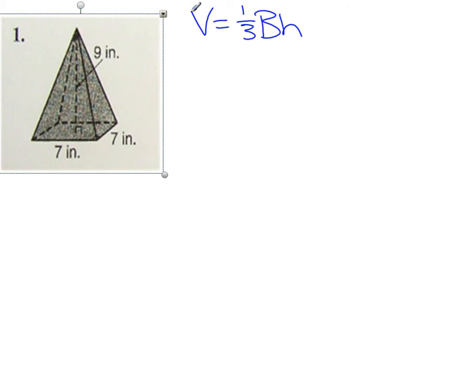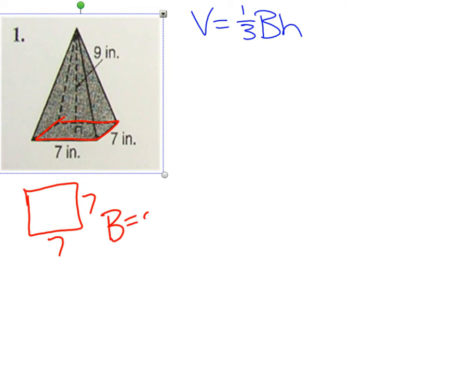It's 7 times 7, which is 49. So what shape is our base? It's a pyramid. What shape is the base? A square. What have I been telling you to do since we started any kind of 3D shapes? Draw our base out separately.